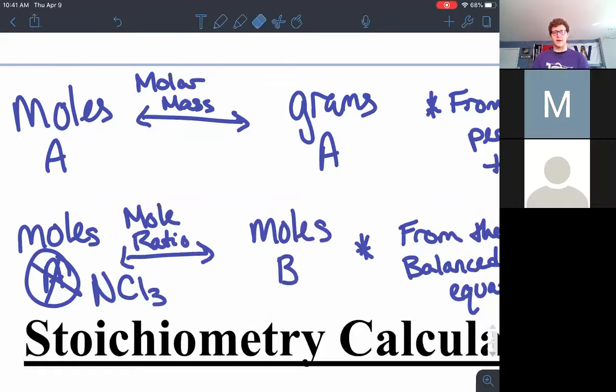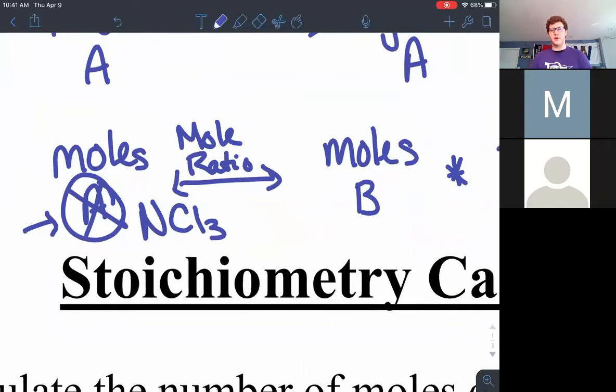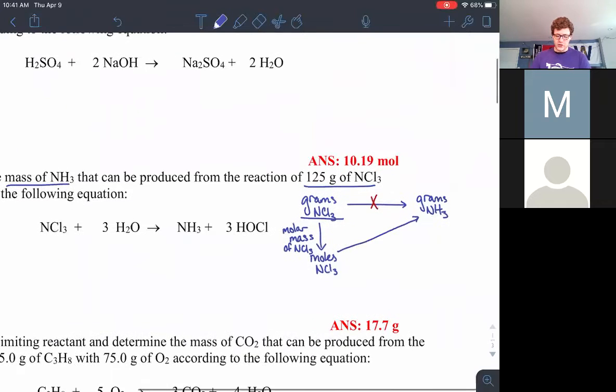moles of NCl3. Instead, what we could do is we could start with our moles of NCl3. We could use the mole ratio to get to moles of a different compound. From this equation, which compound are we going to want to get to? To NH3?